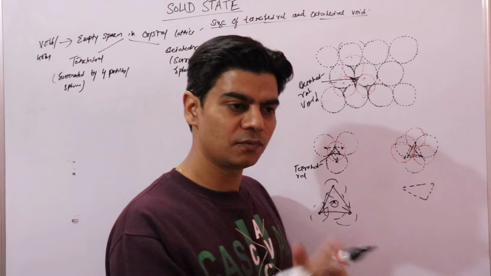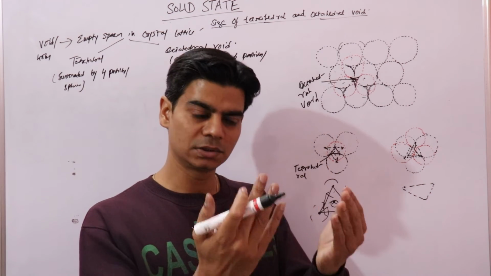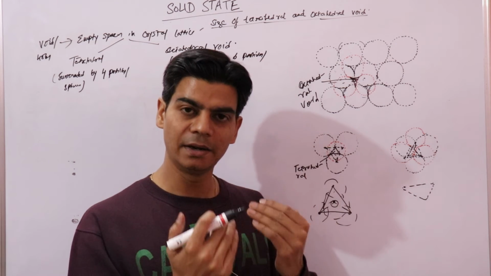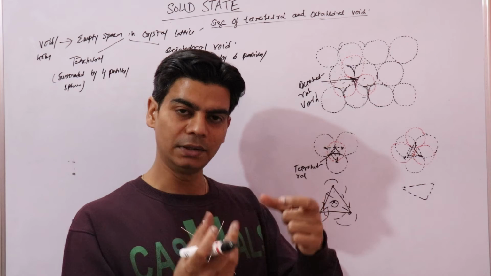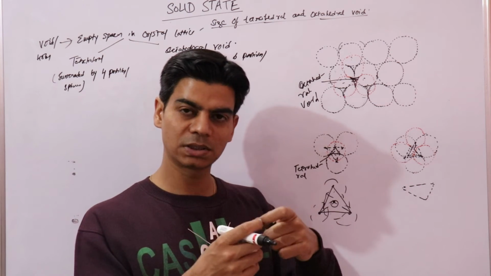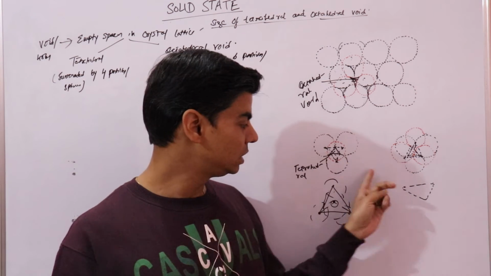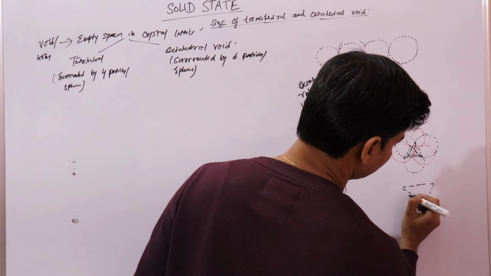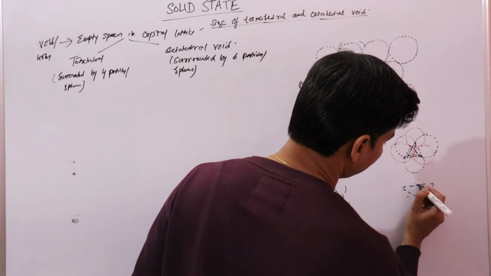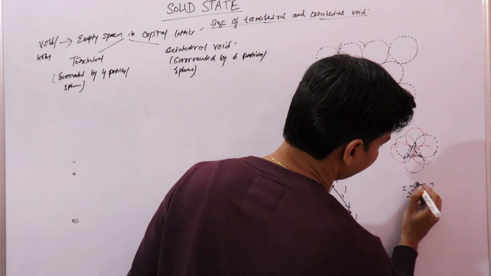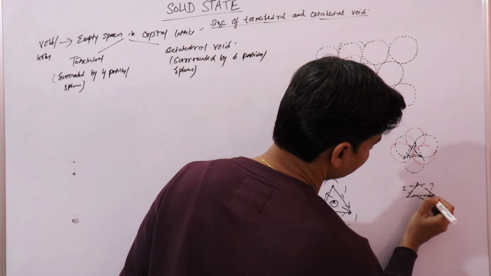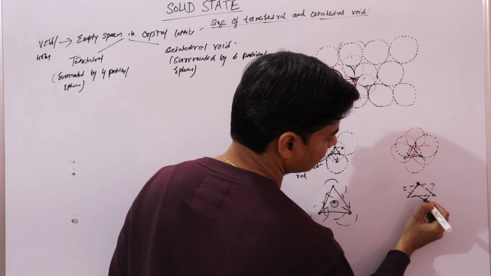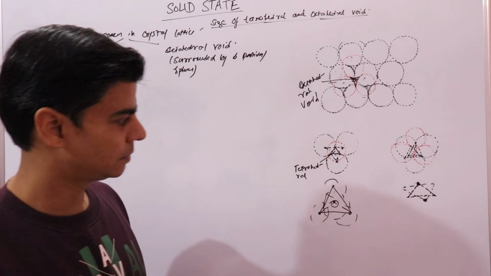The 3 spheres below will form 1 equilateral triangle, and the 3 spheres in the above layer, which is the second layer, will form another equilateral triangle. These 2 triangles have their apices in opposite directions. These are the 2 apices, which are in opposite directions.